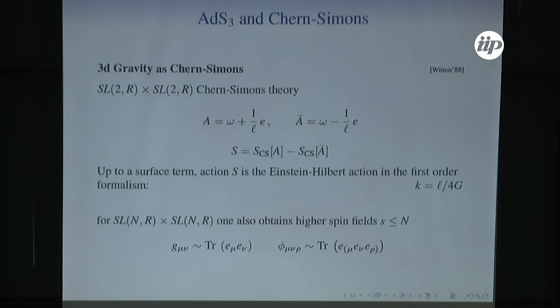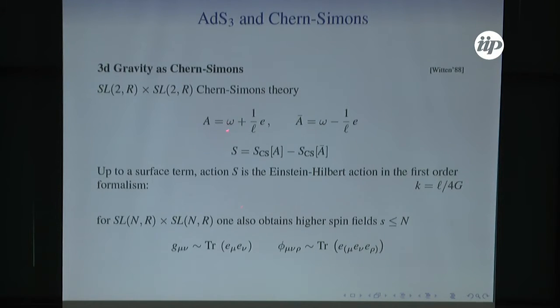Well, it was noticed then in the 80s that 3D gravity can be mapped to Chern-Simons theory. So if you consider an SL(2,R) cross SL(2,R) Chern-Simons theory, there is a pair of left and right gauge fields, and I want to change basis to write it, instead of SL(2,R) cross SL(2,R), explicitly as an SO(2,2) theory.